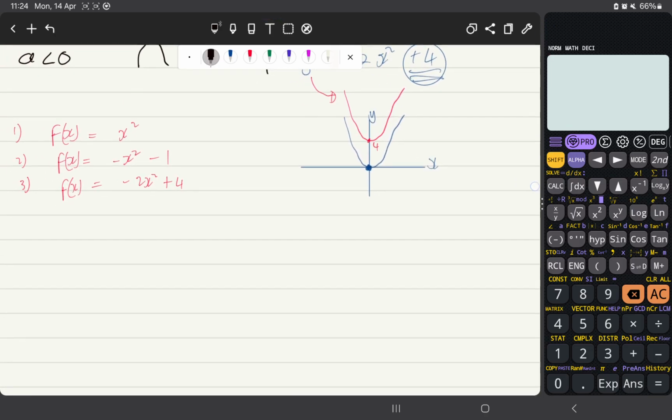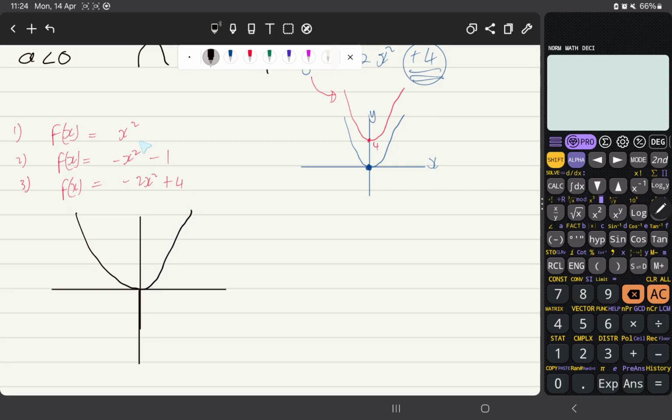So there are just a couple of examples here. We're gonna expand our knowledge based on what we have done. This is just a revision. So if you were tasked to sketch these parabolas right here, it was gonna be quite easy, because the first one is x squared.